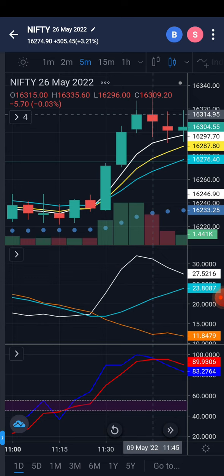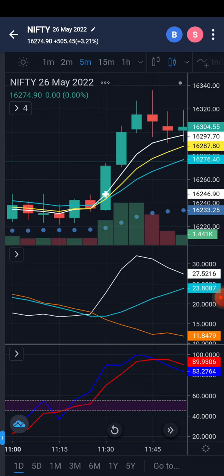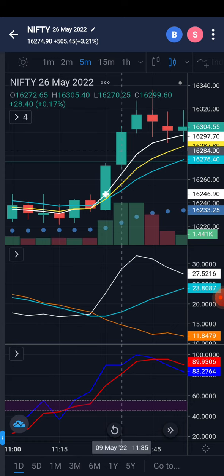So this is 16,314 is the level here, and here it is 249, 250, means 60, 62 points, almost 62 points in Nifty, and roughly 30 to 35 points in the underlying call option.